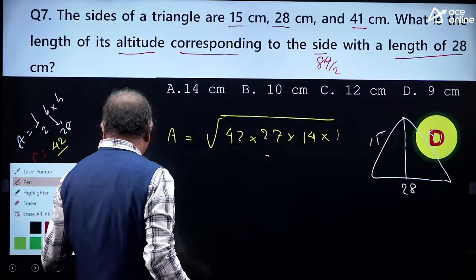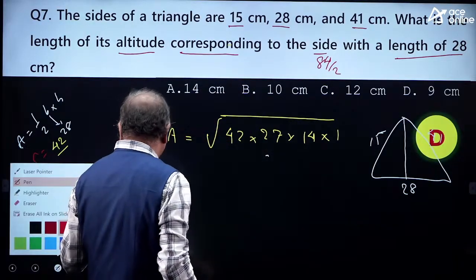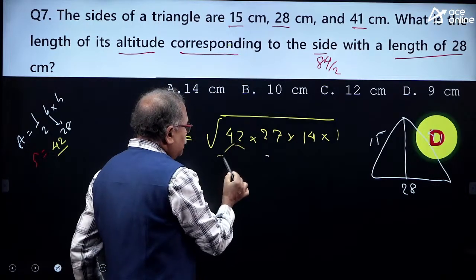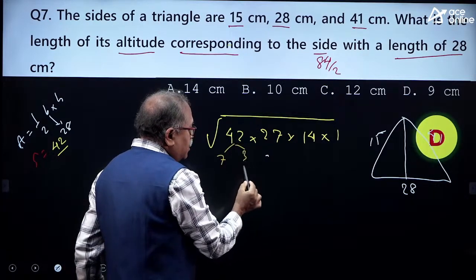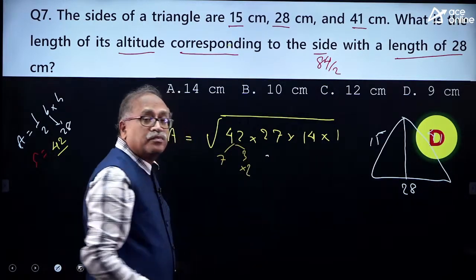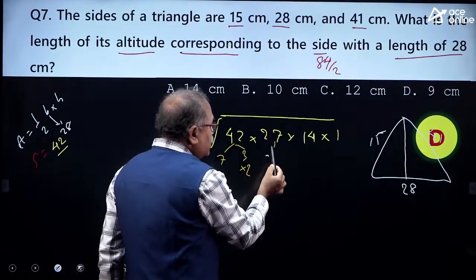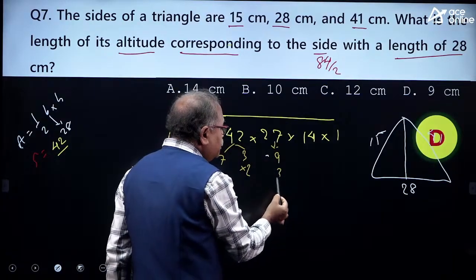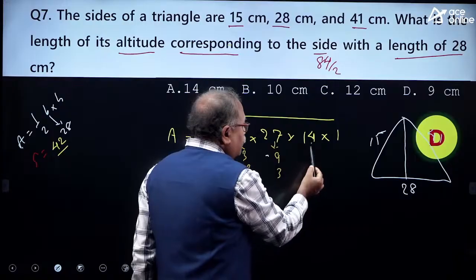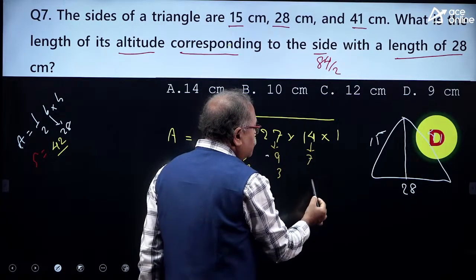And very quickly Aman must have noticed that 42 is 7 into 6, that is 7 into 3 into 2, and 27 is 9 into 3, and 14 is 7 into 2.